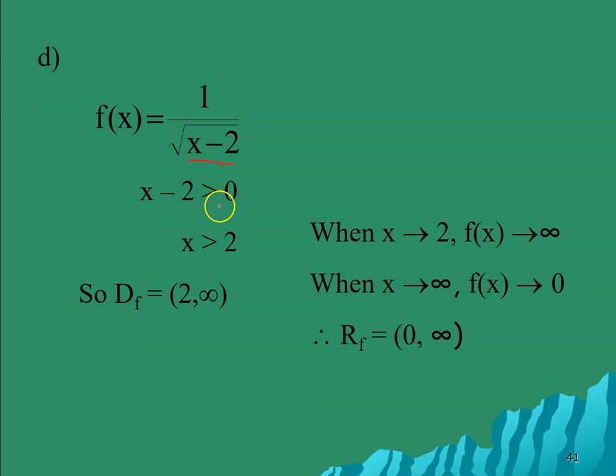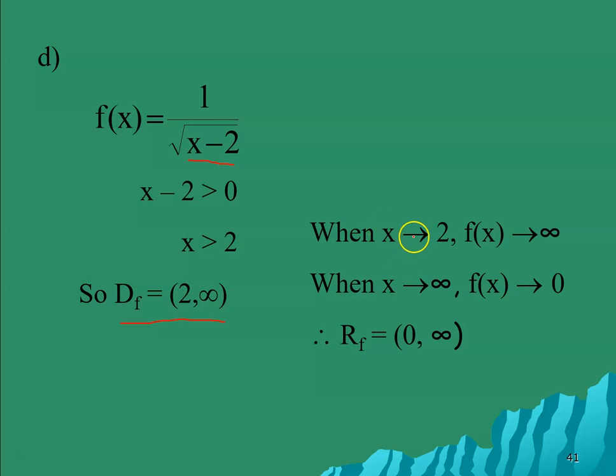So it has to be greater than 0. x minus 2 mesti lebih besar daripada 0. So you get x greater than 2. So your domain will start from 2 until infinity with an open bracket. Does not include 2, tidak termasuk 2.